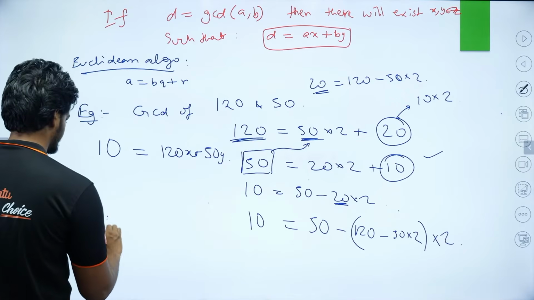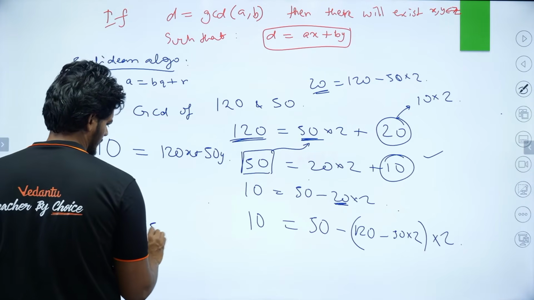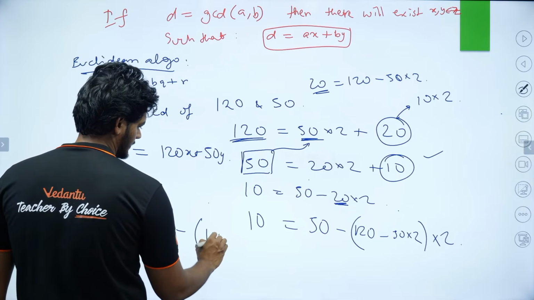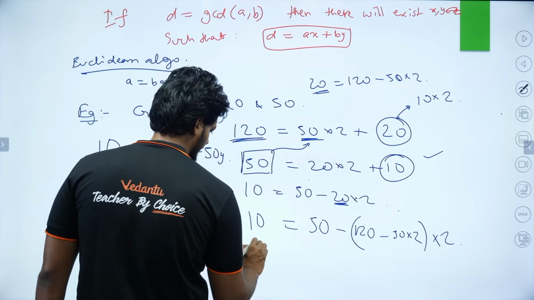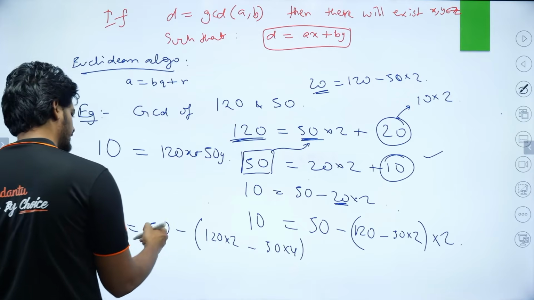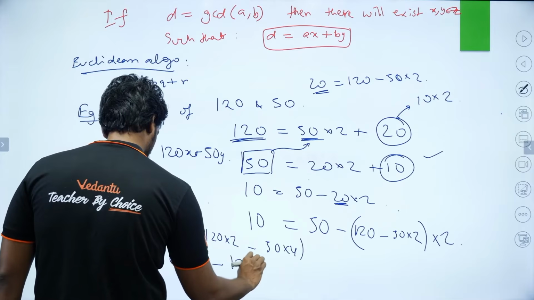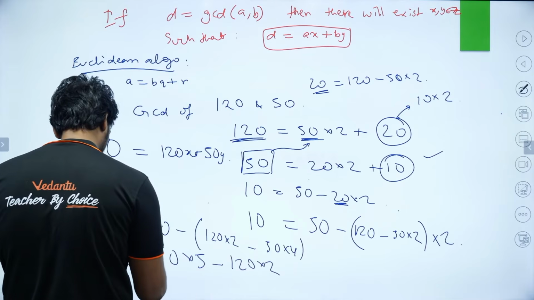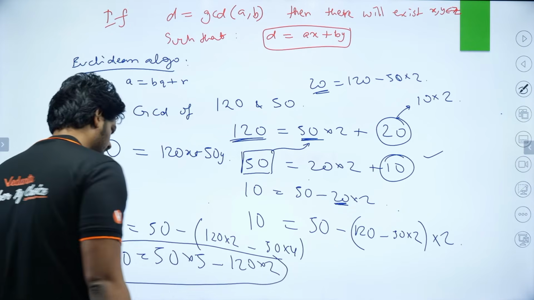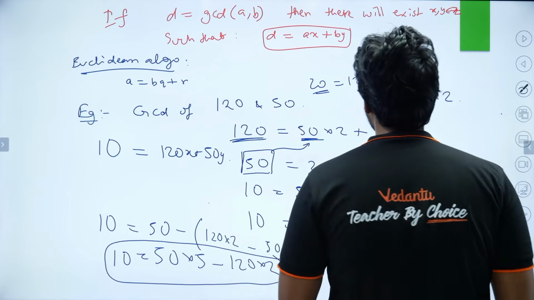So I have my 10 as 50 minus 120 into 2 minus 50 into 4. So this is 50 into 5 minus 120 into 2. So that's how we do it. It is very interesting, right?